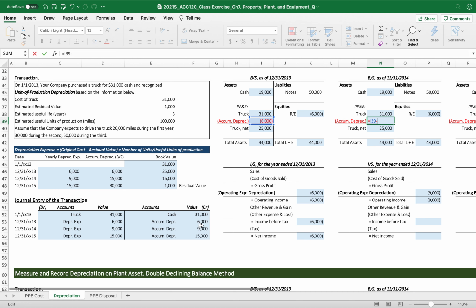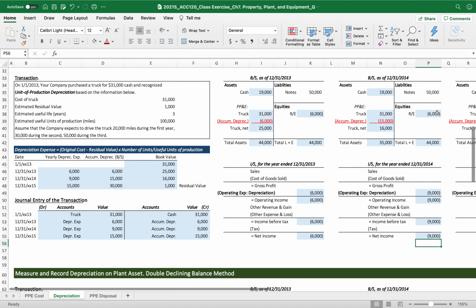That's why we record $9,000 on the credit side. So the accumulated depreciation is $15,000, and then we got the truck net value of $16,000 as we calculated on the depreciation schedule. Then let's complete the income statement.